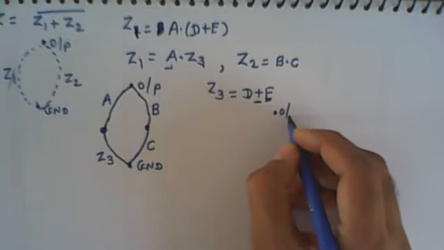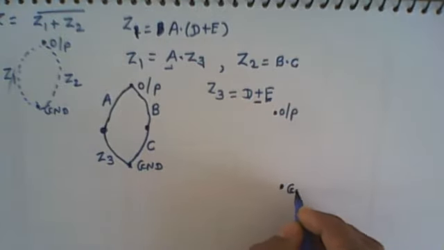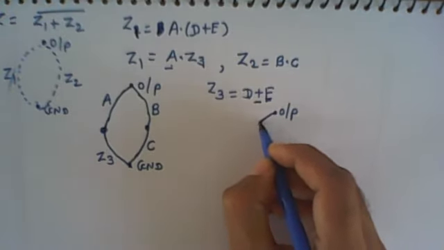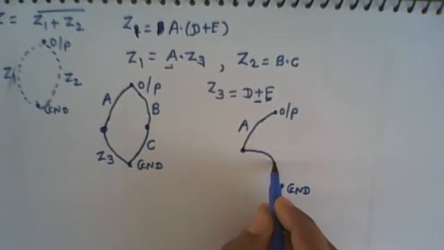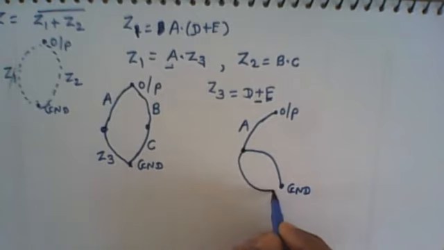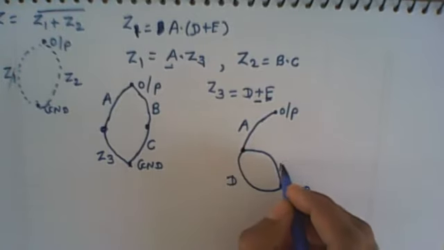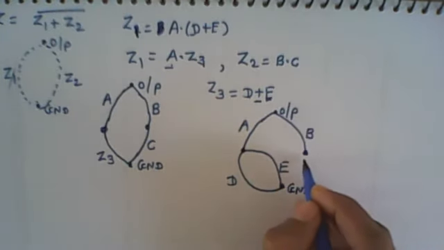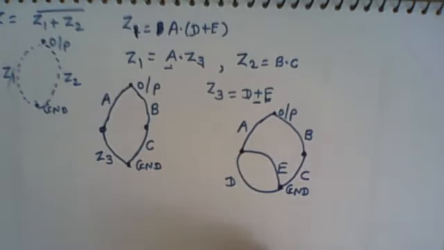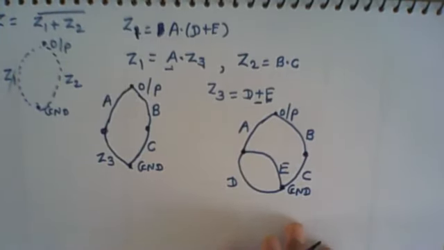So between the output and the ground, we have one MOSFET A, then an intermediate node, and then D and E in parallel, and the B MOSFET and the C MOSFET in series. So this is the graph of the complex function A into D plus E plus B into C, whole bar. So this is the driver MOSFET graph.